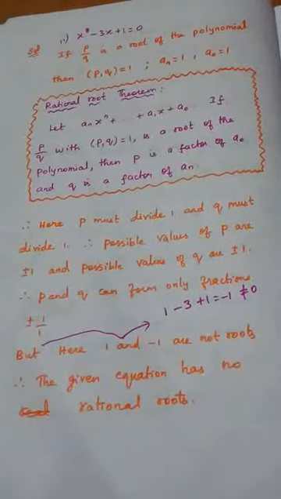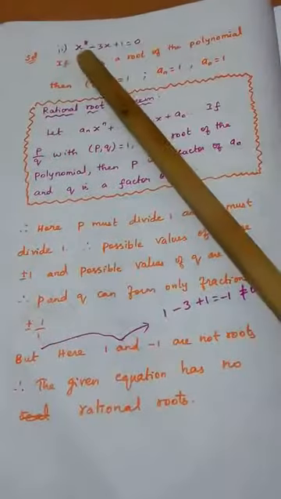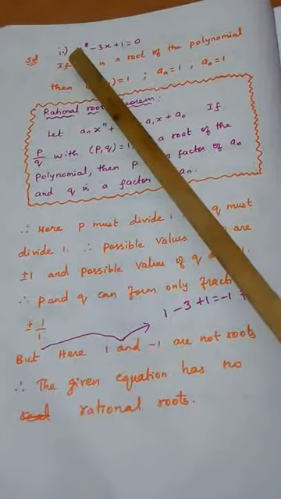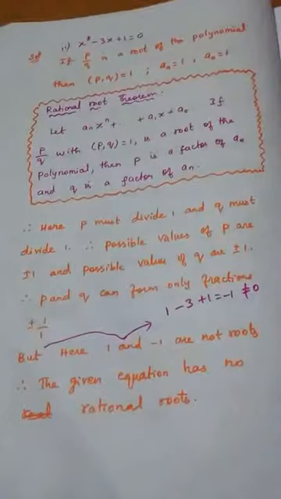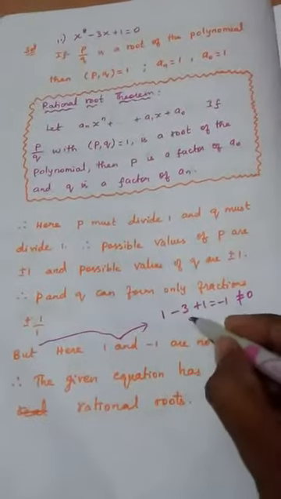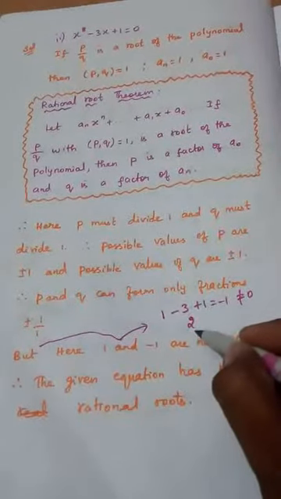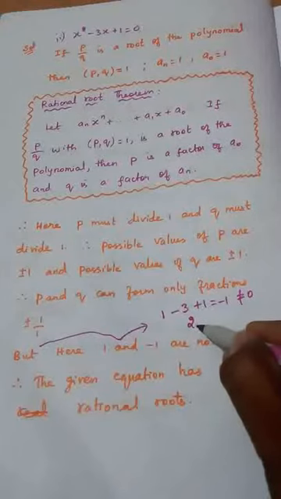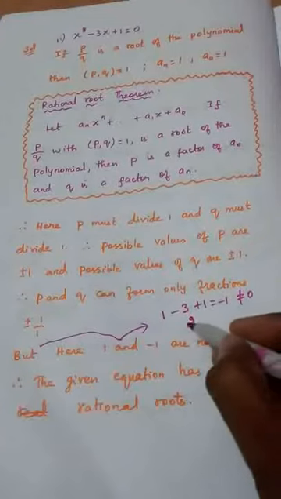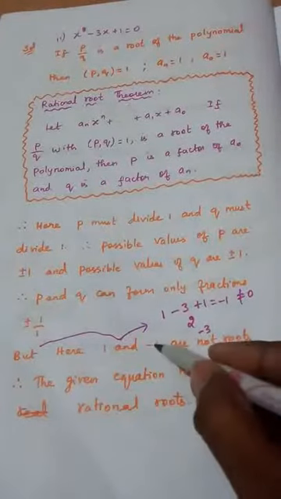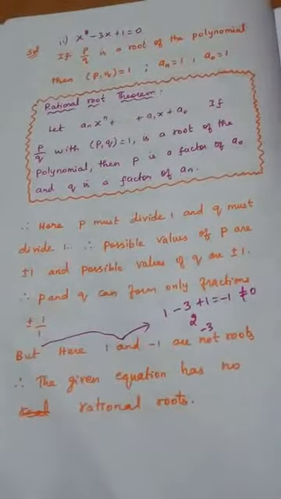Now see the odd coefficients and even coefficients. Suppose I take this 1 and the last one, 1 plus 1 is 2, so I have taken the odd coefficients and added them as 2. The even coefficient, if I take, only minus 3 is present. Since these two are not equal, minus 1 cannot be a root.